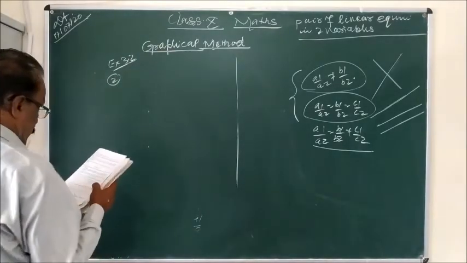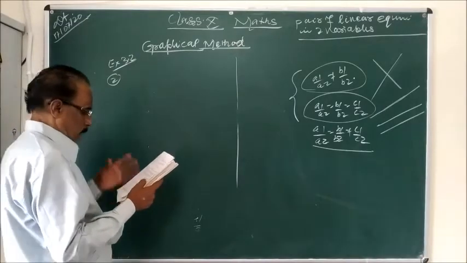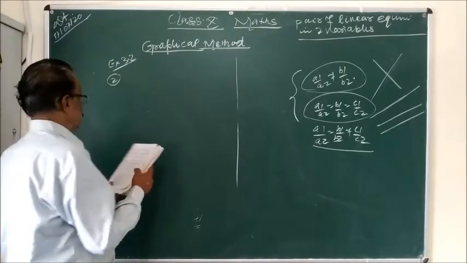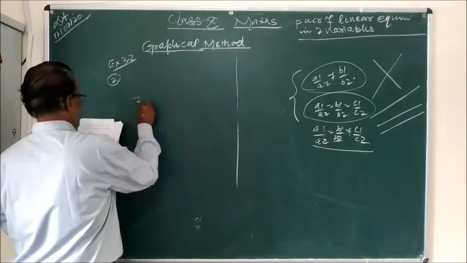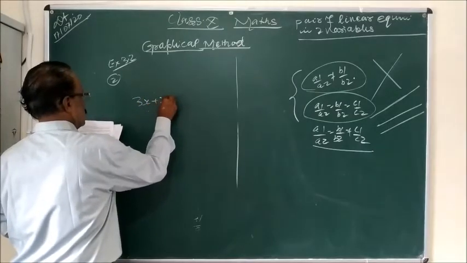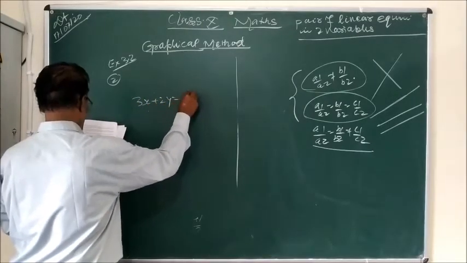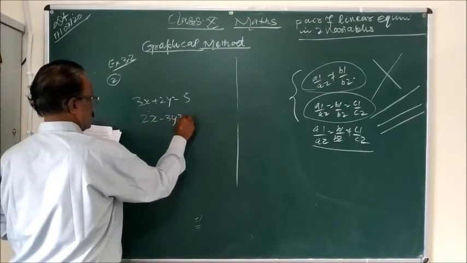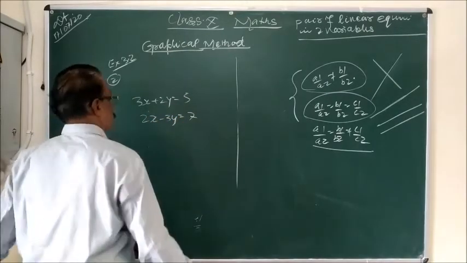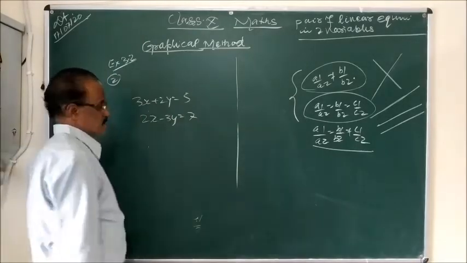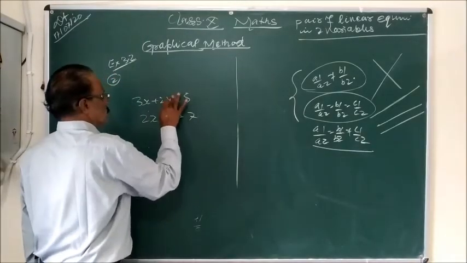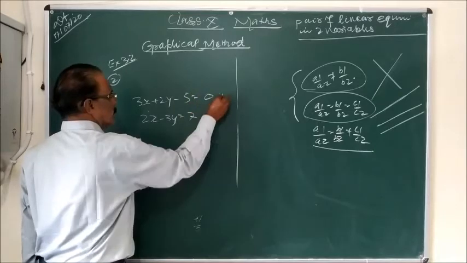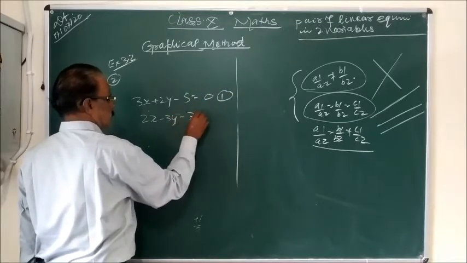Question number 3: find out whether the equations are consistent or inconsistent. Similarly, 3x plus 2y is equal to 5, and the second equation, 2x minus 3y is equal to 7. First you obtain the standard form: you transfer 5 and 7 from right to left, so you will get equation 1 and equation 2.